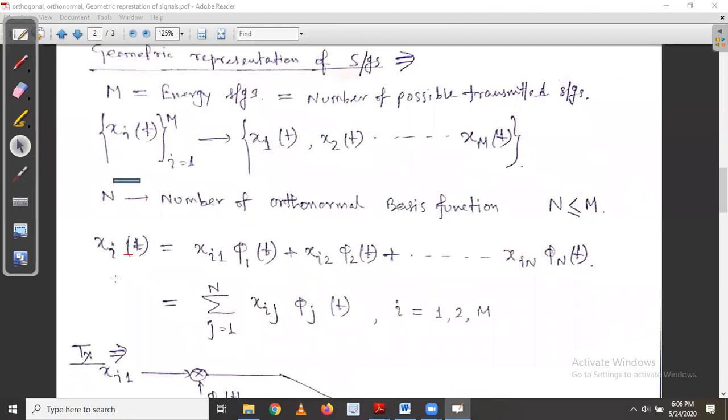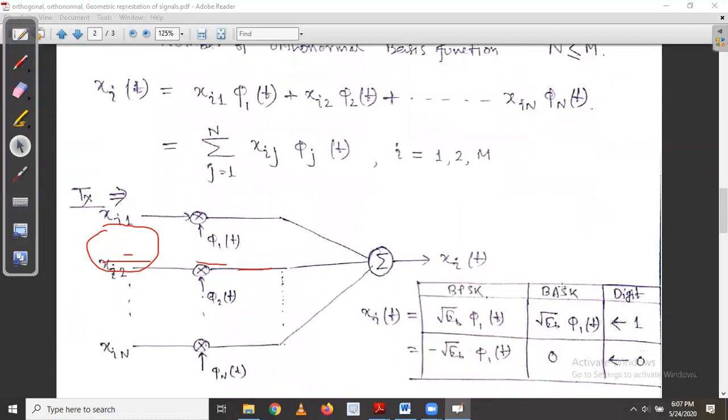And I told that xi(t) is a signal which is going to be transmitted. That means xi(t) you can say is a modulated signal in which message portion and carrier portion is there. This thing we have explained using this block where these are the message points, multiplied by some carrier signal.